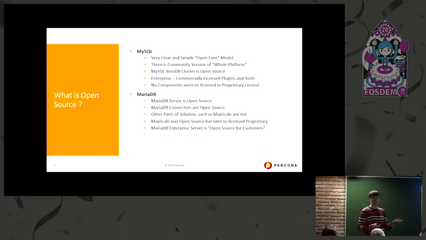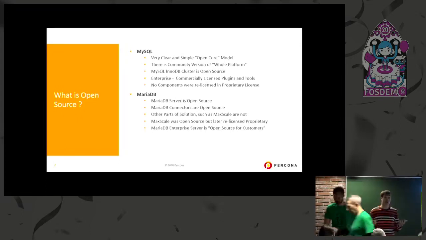A, it's MariaDB Foundation, and B, because it uses a lot of original code base from MySQL and Oracle, right? They can't really relicense that. For MariaDB Enterprise Server, as a part of a MariaDB Enterprise offering, it is open source, but open source for the customers.